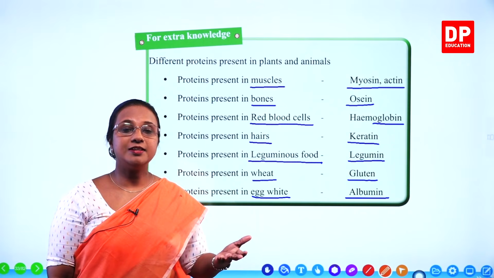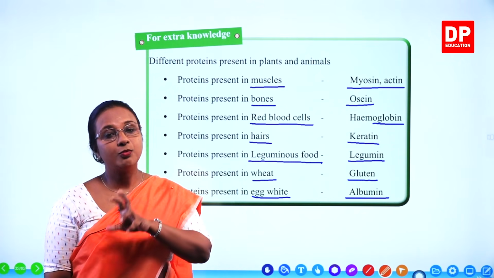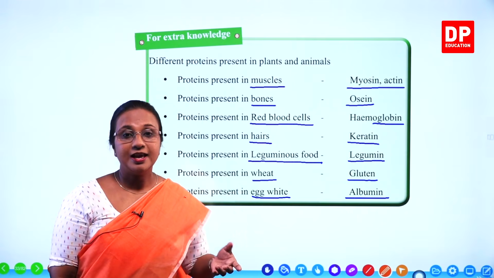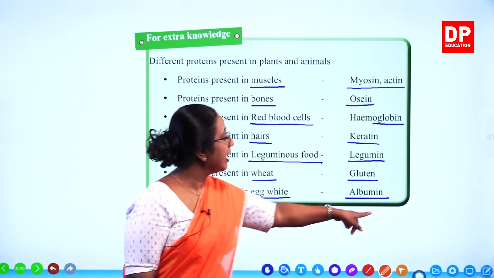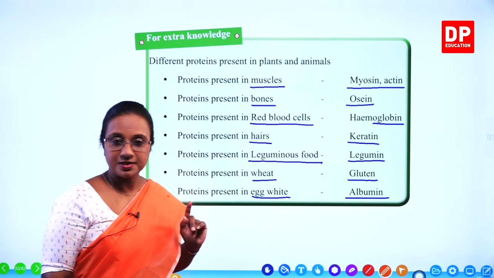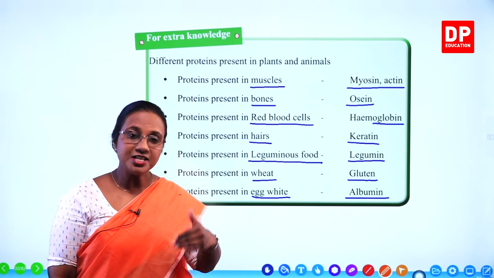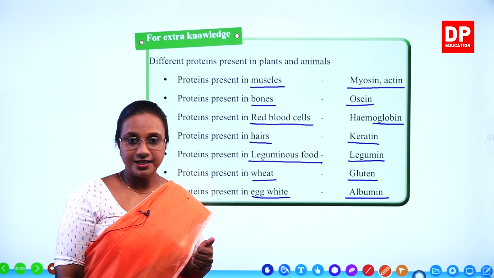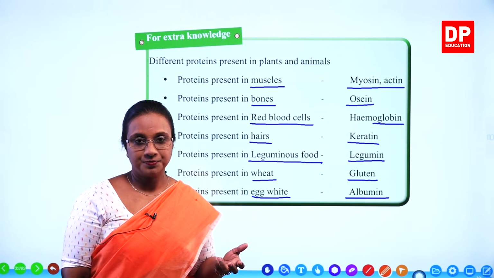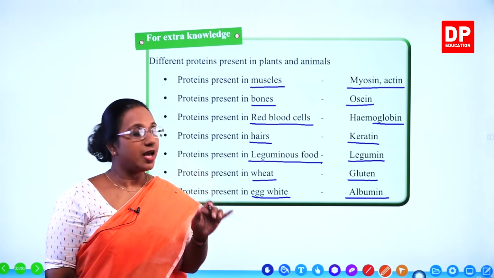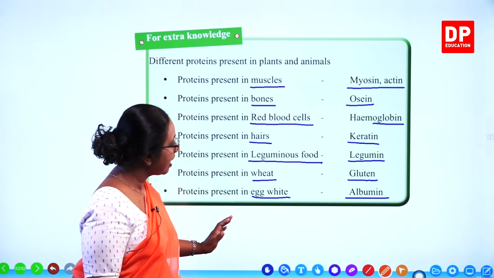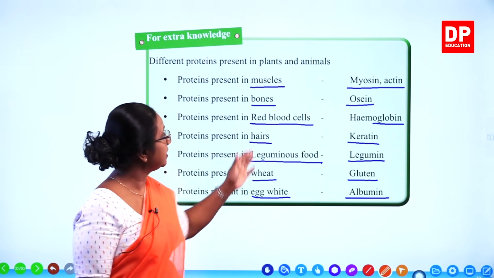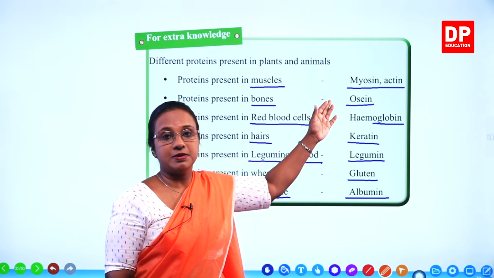But when you fry the egg, this becomes white in color. That is why we call it egg white. And that is due to the albumin protein present in it. There is a change taking place to the protein present in egg white when we fry it. Okay, students. Now, these are the examples of different types of proteins present in plants and animals.